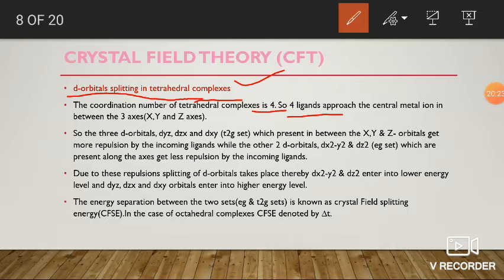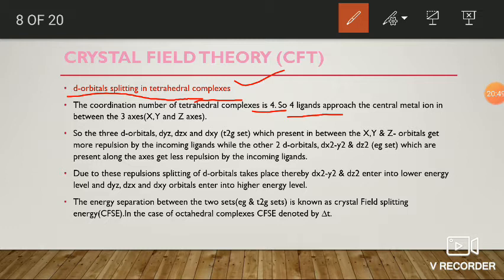Due to this approach of ligands in between the axes toward the central metal ion, the d orbitals located on the axes, that is the eg set, dx²-y² and dz² orbitals, get less energy due to less repulsion with the incoming ligands.